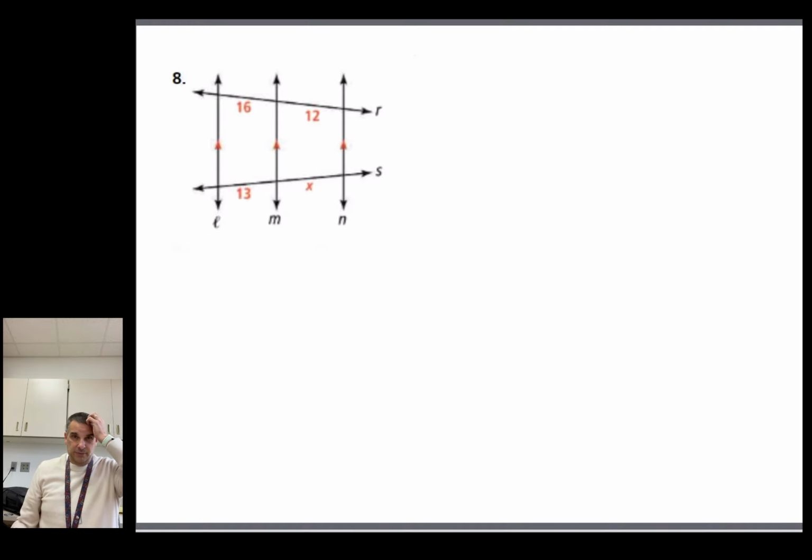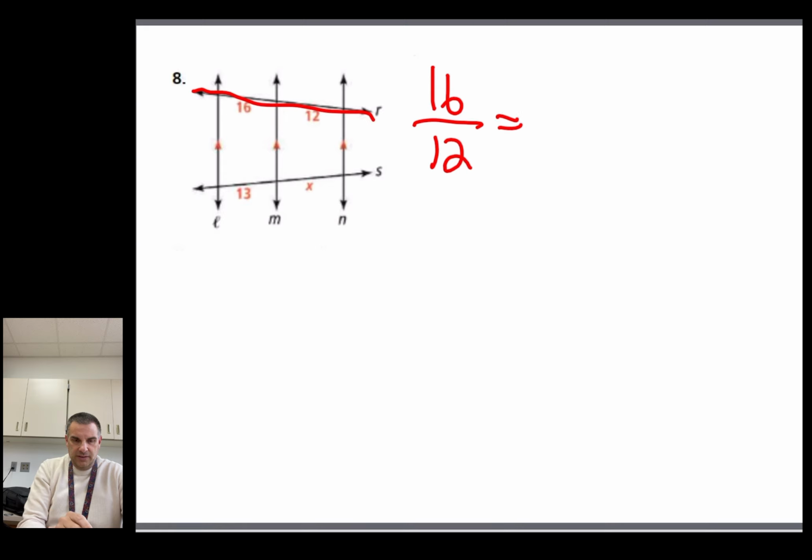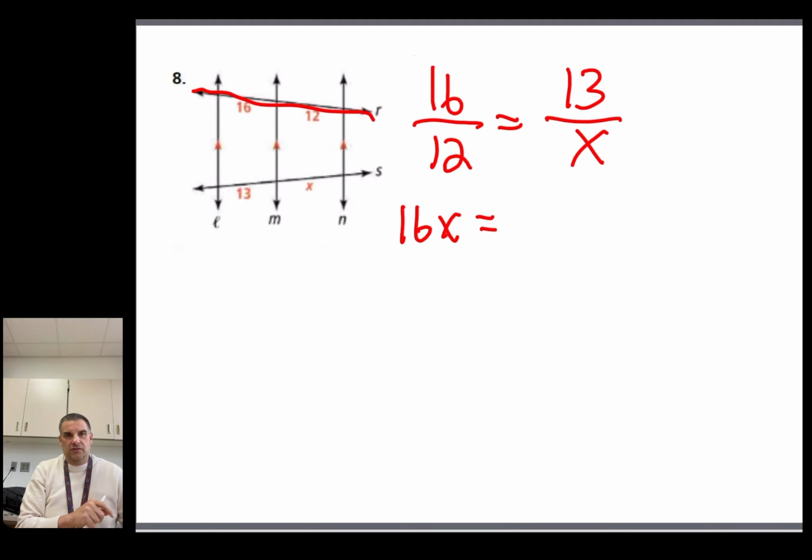Okay, so let's look at this one. Again, we've got our parallel lines cut by our transversals. So I'm just going to run along this transversal. So I'm going to put 16 over 12. And then the 16 and 13 are in corresponding spots, so I've got to go 13 over x. So 16x equals 12 times 13, 156.